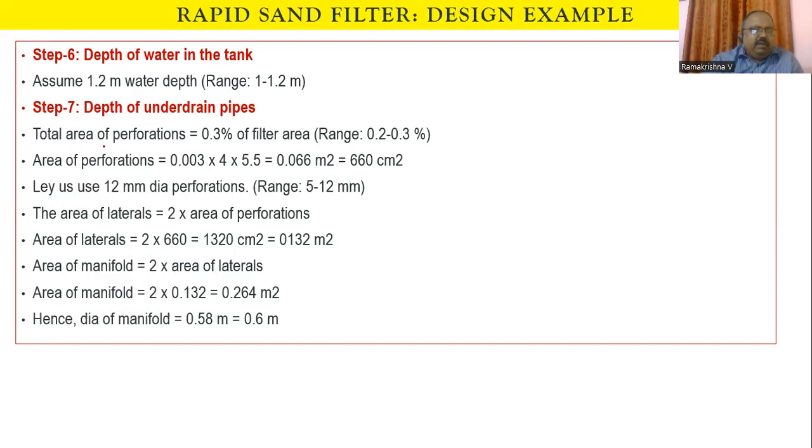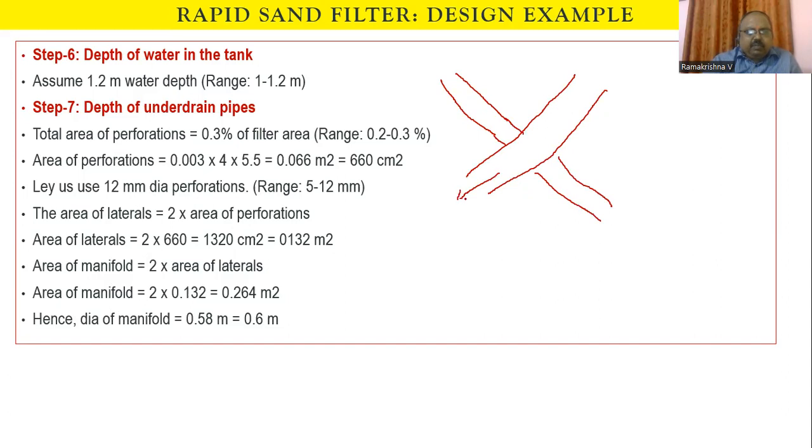The total area of the perforations, because as I said, you're having the laterals and the main pipes, this side and this side. And this is the direction, let us assume that.